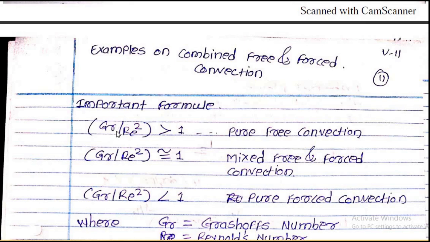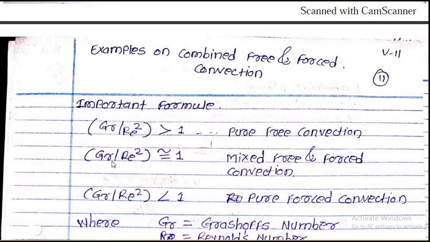Now here, the Grashof number divided by the Reynolds number squared, if this value is greater than 1, then we have to consider pure free convection. So free convection is dominating over forced convection, and the maximum amount of heat is transferred because of natural convection.